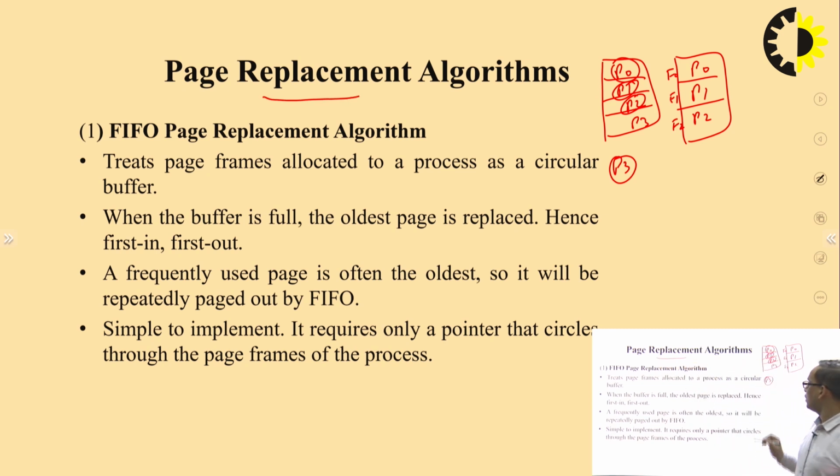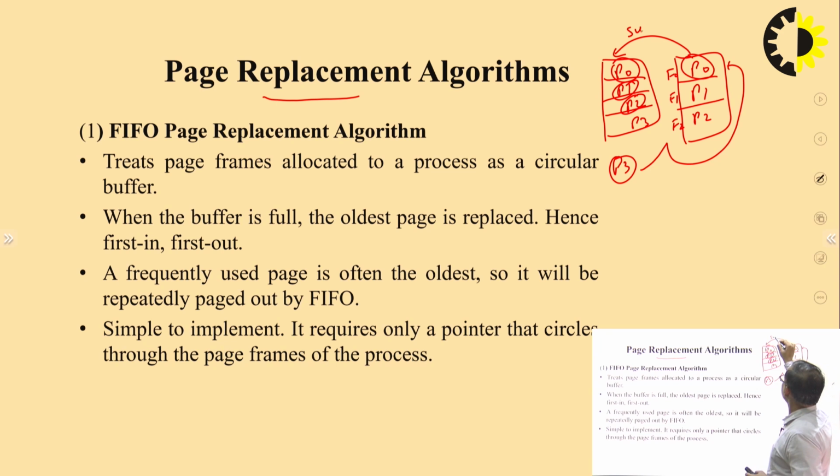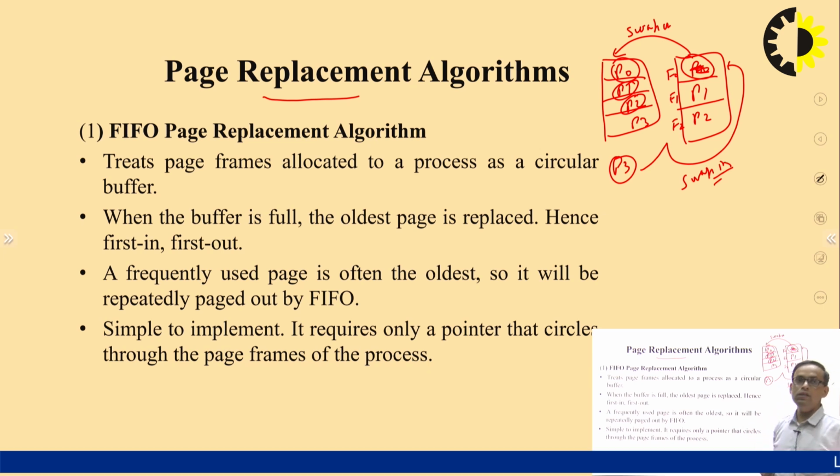It means to load page 3 into memory, we have to replace one page to secondary storage, make that frame free, and load page 3 into that frame. So page 0 will be swapped out, this frame will be free, and now page 3 will be swapped in. Okay, so this is page replacement.